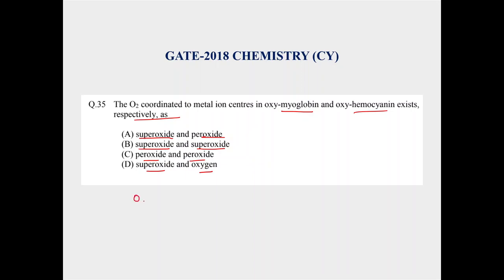So first of all, only oxygen means O2. Superoxide means it's O2 minus, and peroxide is O2 2 minus. They are asking how it is coordinated in oxymyoglobin and oxyhemocyanin.